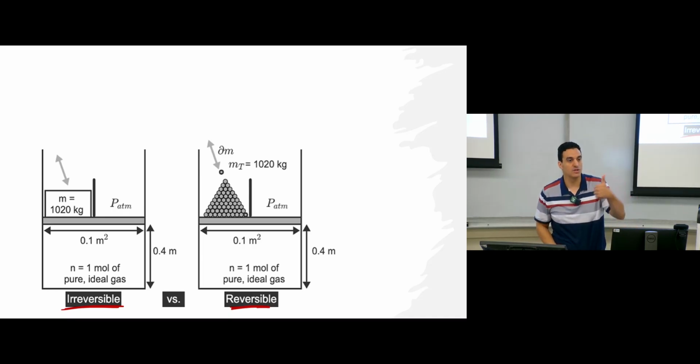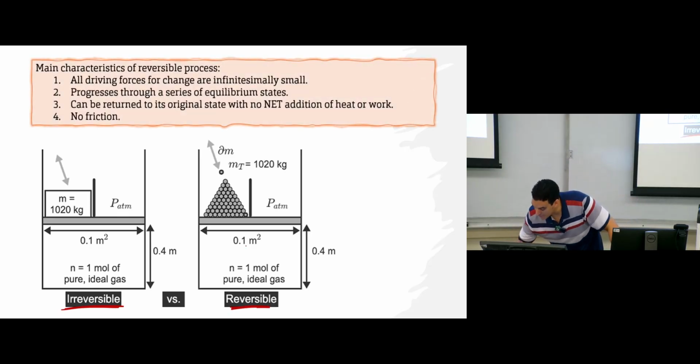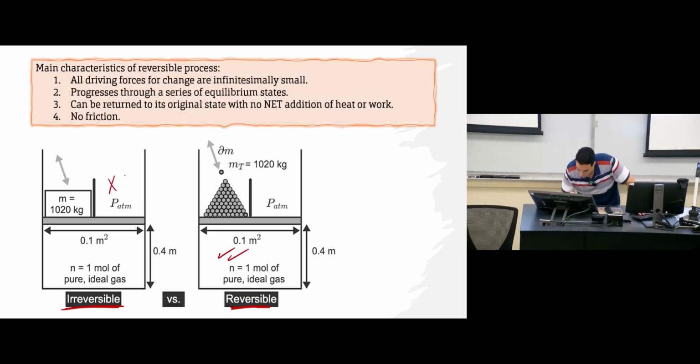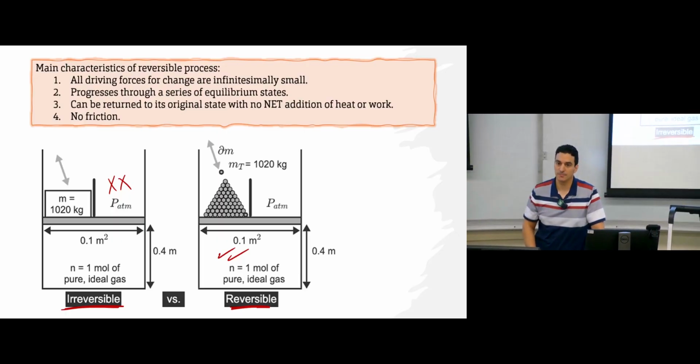The system will return to the initial condition. The amount of work you can obtain from the system is the maximum. The surrounding will not be affected. No changes will happen to the surrounding. So in this one we have the four features fulfilled, not in this one. Clear?